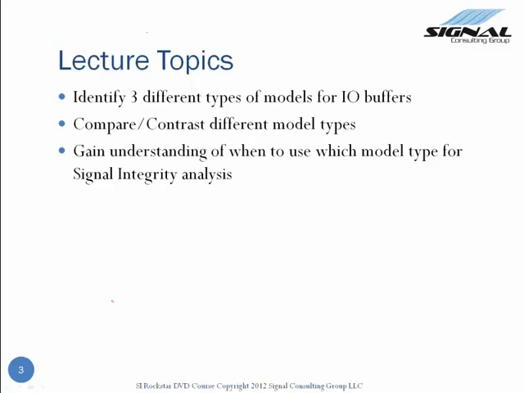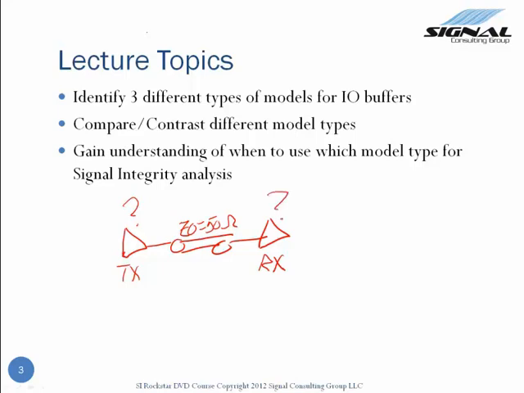And so let me draw you a quick example here. If this is your driver, and then you've got a transmission line, and it comes over here to your receiver. So like I said, this is your TX, and this is your RX, and let's say this is 50 ohms. When you run simulation analysis in any EDA or SPICE tool, what are you going to use for your transmitter and receiver?